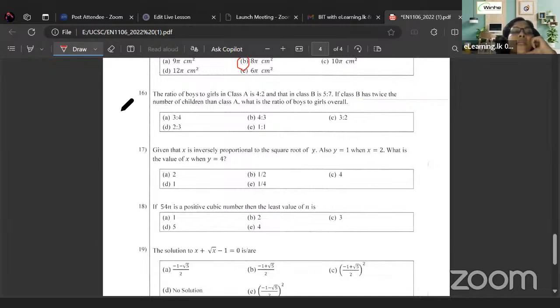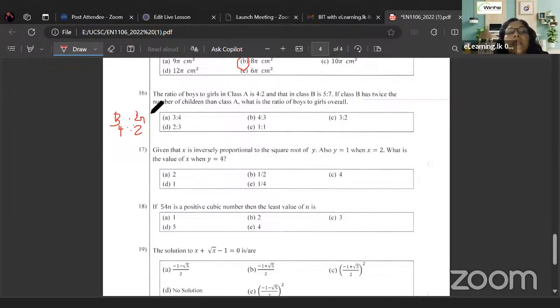If class B has twice the number of children than class A. Boys 4, girls 2.